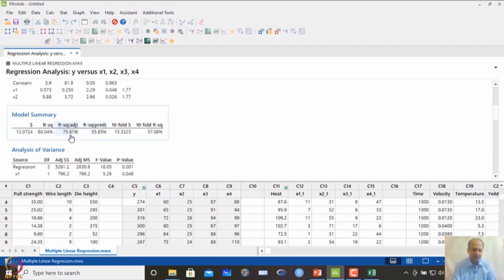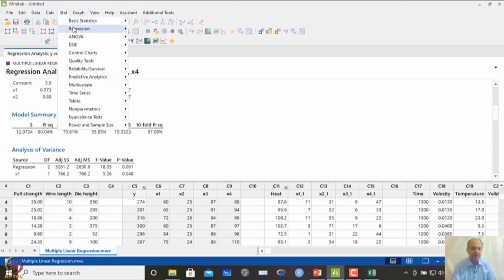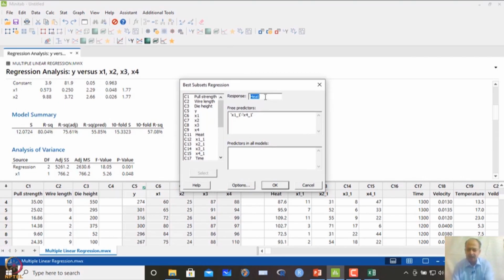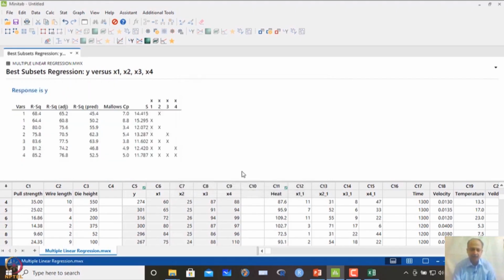Only thing is that R square adjusted is around 75.61, and this is 57. So, there is some gap that we are observing over here, 75 and 57. Whether we can improve this, tenfold cross validation. So, again what we can do is see this regression by best subset, and we can do best subset regression with y and x1 to x4, and try to see what the model recommendations are.